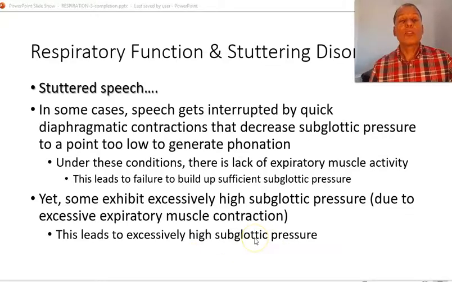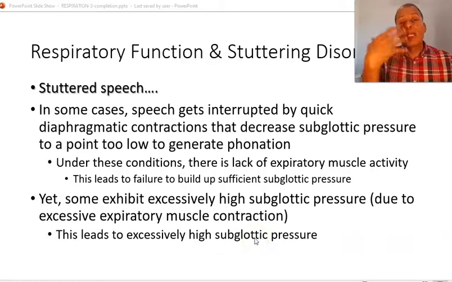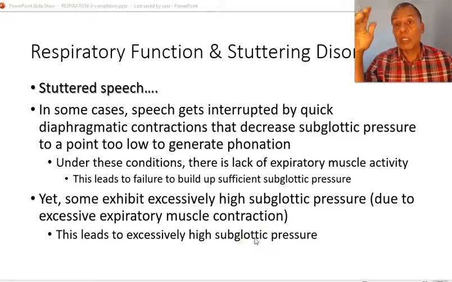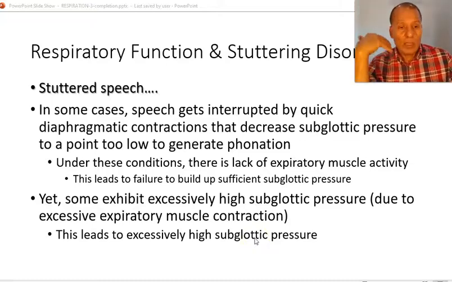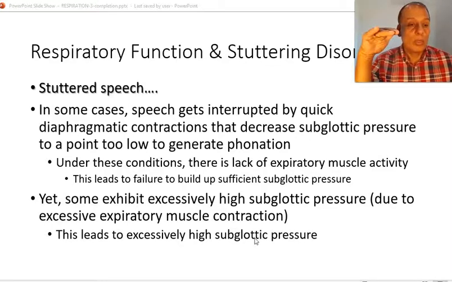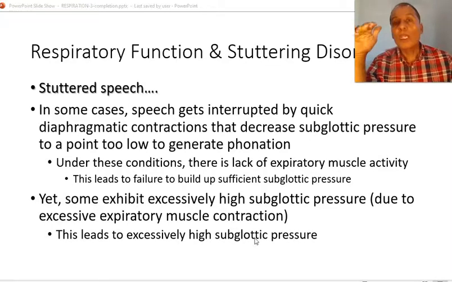That leads to abnormal loudness at the beginning, and as they continue doing this, the air pressure will decrease.